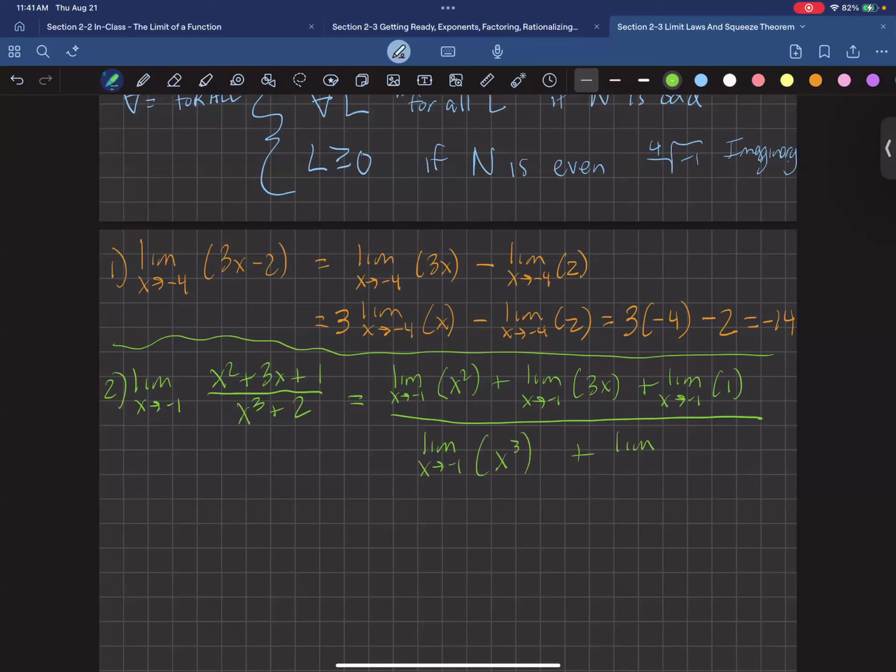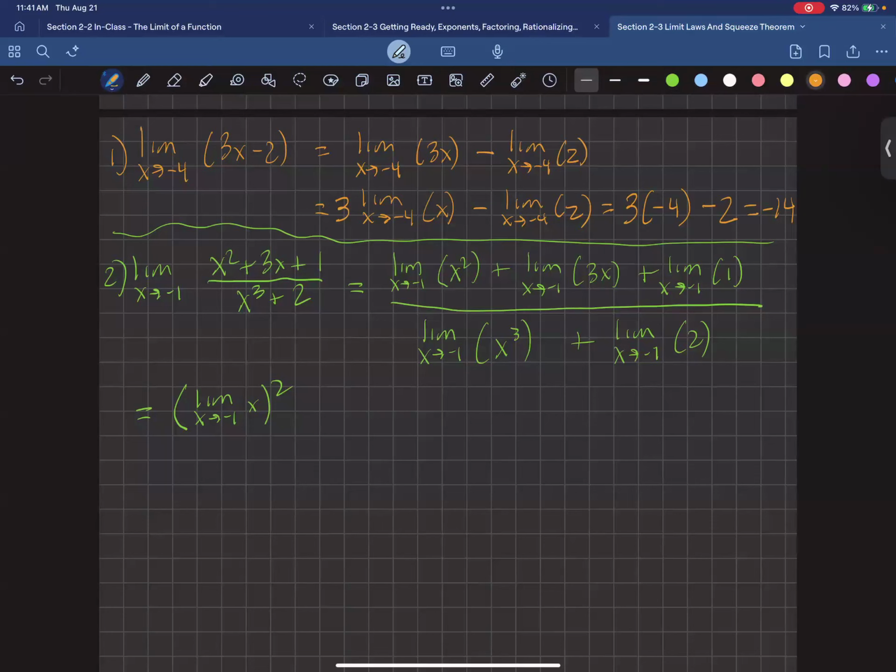Now I'm going to apply all the individual rules. When we have a square, we can move the square on the outside. I can say the limit as x approaches -1 of x squared. This is this piece right here. And then I'm going to do 3 times the limit as x approaches -1 of x. We've seen that before, so I'm not going to highlight that one.